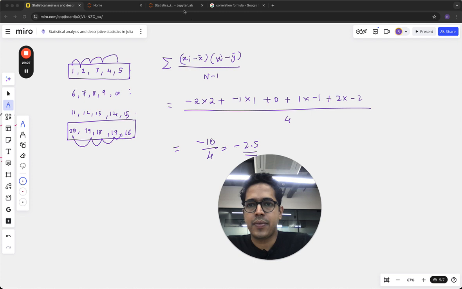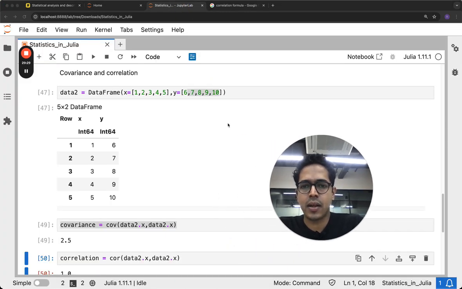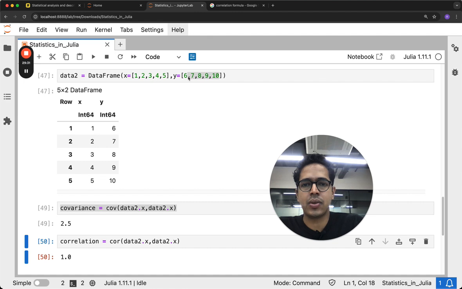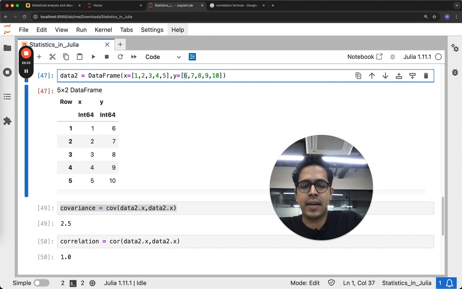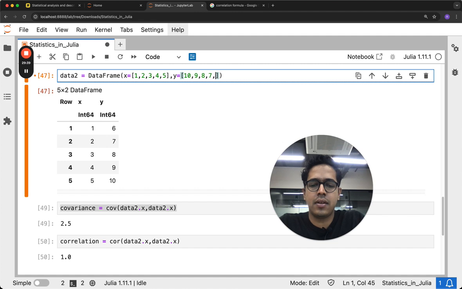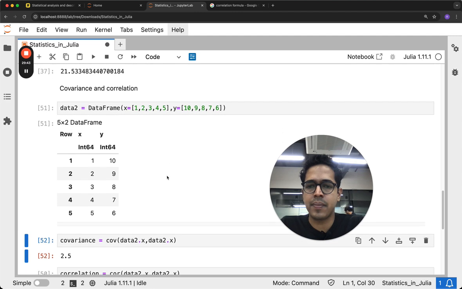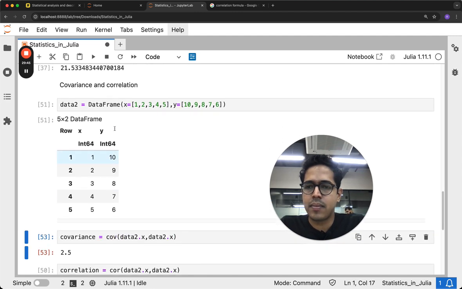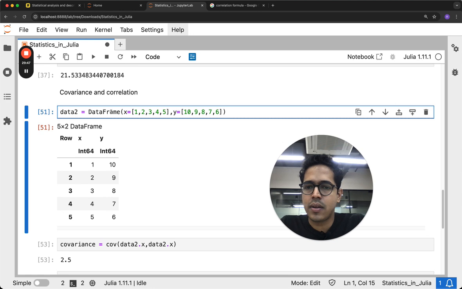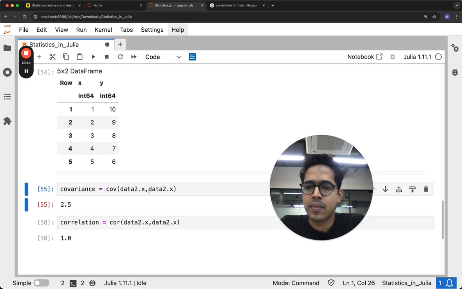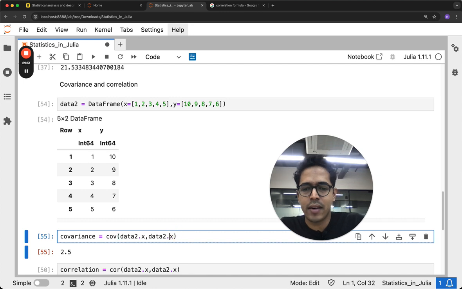Actually, before writing the formula, let's try to get a logical understanding here. So instead of 6, 7, 8, 9, 10, let me write this as 10, 9, 8, 7, 6. Now covariance will become, oh, I have written x only, so let me convert this to y.